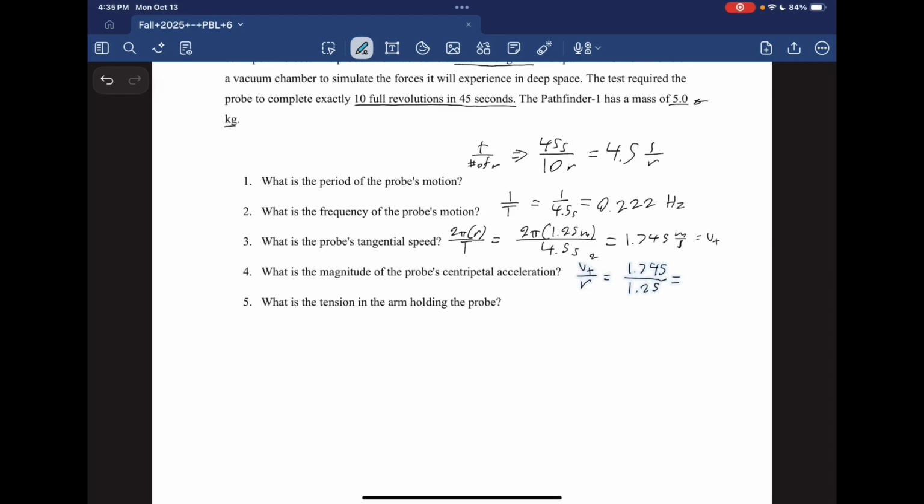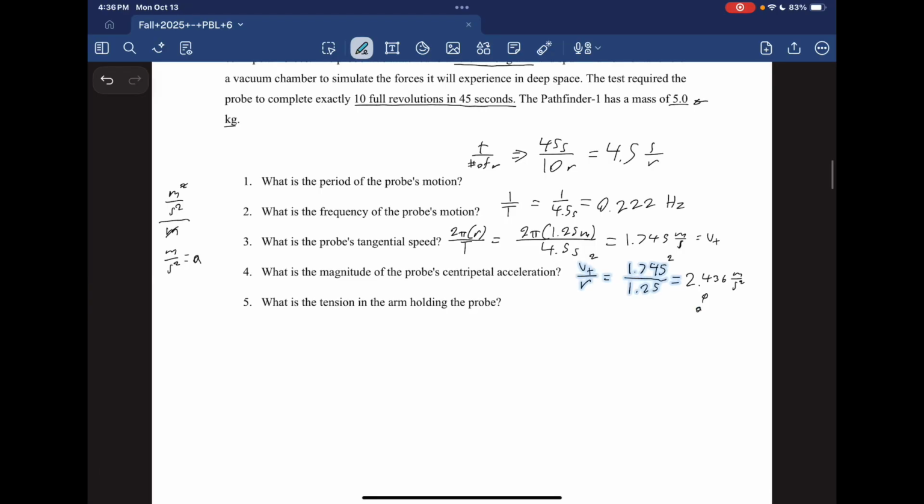It is actually velocity squared over radius, which a quick unit analysis can prove this. Velocity is meters per second, so velocity squared over radius would be meters squared per second squared over radius in meters. One of the meters cancels and leaves us with meters per second squared, which is the units of acceleration. But if you plug this into the calculator, you get that the centripetal acceleration is equal to 2.436 meters per second squared.